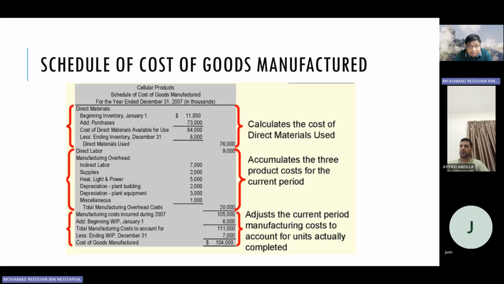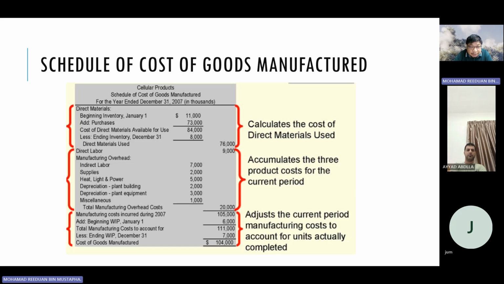This statement is for the year ended December 31st, which means a period of one year. The purchases are made within the period of 2007, and the beginning inventory is essentially the end of 31st December 2006, which carries over to January 1.